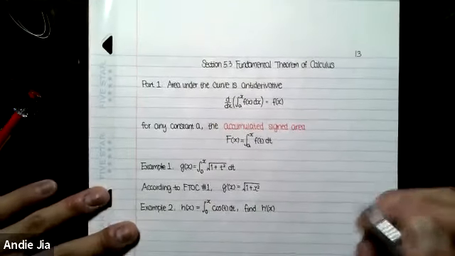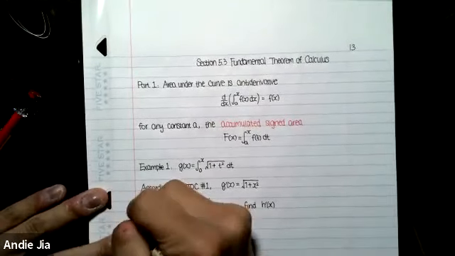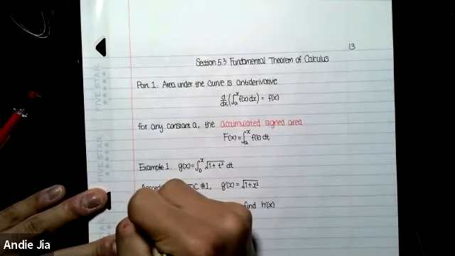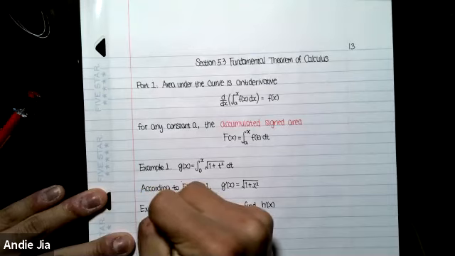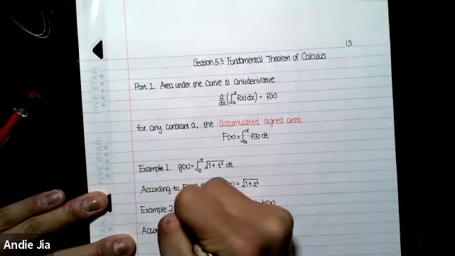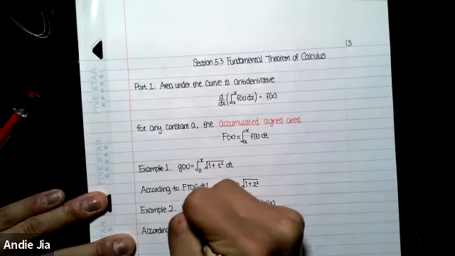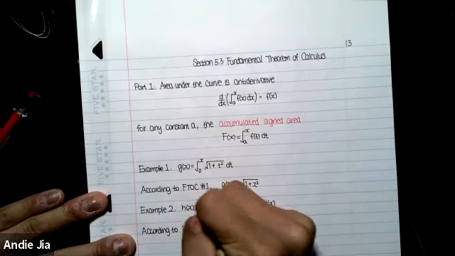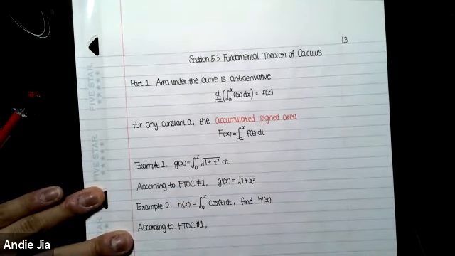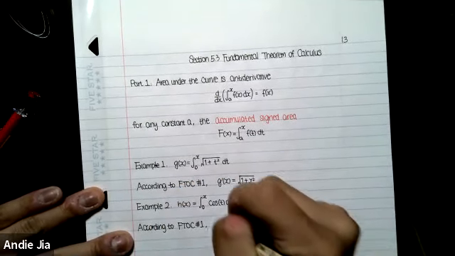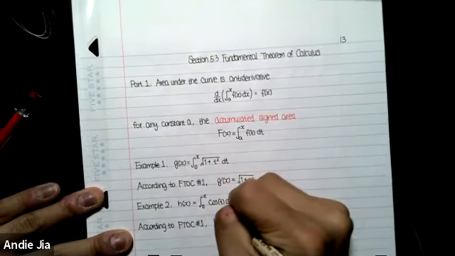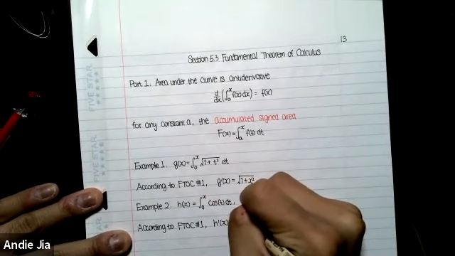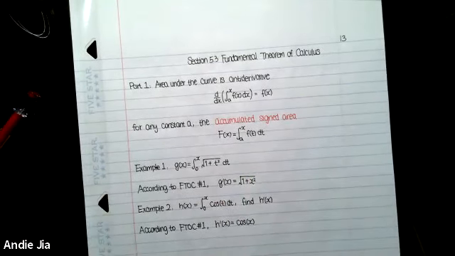So according to part one, this is still part one, h prime of x is cosine of x.